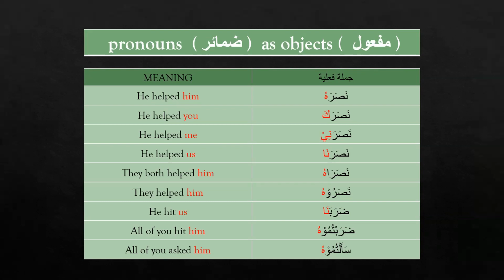The fa'il is always rafa', or marfu', in the state of rafa'. The attached pronouns are always in the state of nasab because they are the maf'ul, the object of a sentence. Nasarahu here, this is maf'ul, he helped him.